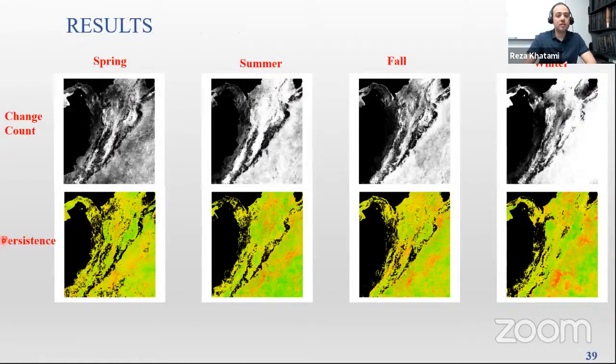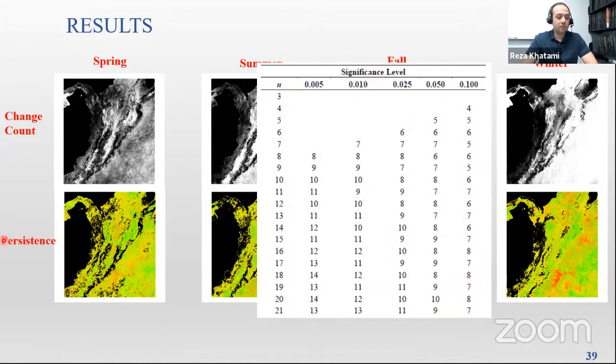So here you can see the results of our persistence. The change count layer shows, for a given pixel, for how many years we have valid observations, and using the change count, we can do a statistical test to see if the persistent value of a pixel is statistically significant or not.